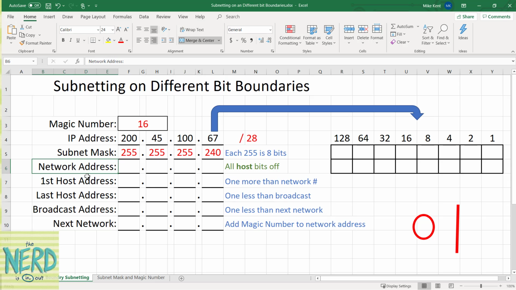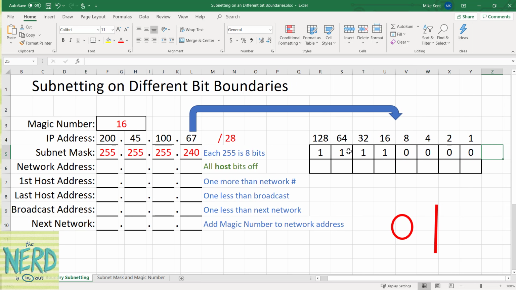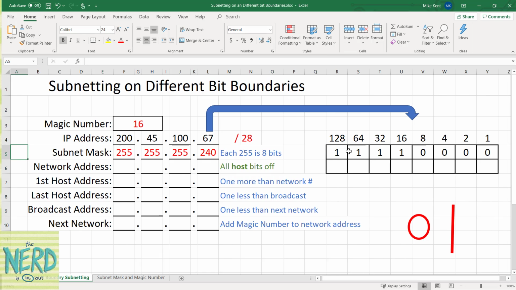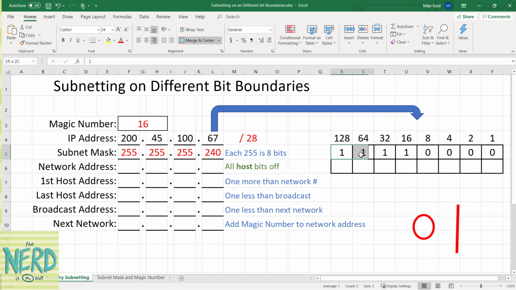Now, if you remember from the previous video, the way you get the network address is all the host bits are turned off. Now, my subnet mask on that last octet, on that last number here, was 11110000.